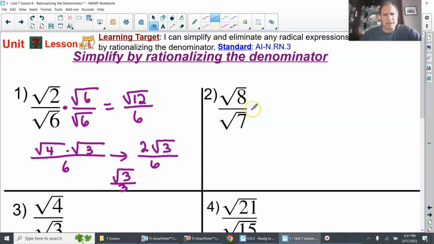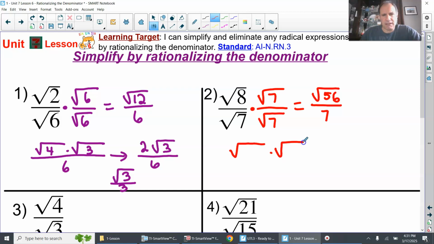Let's rationalize the denominator again by multiplying by 1, which is the square root of 7 over the square root of 7. And 8 times 7 is the square root of 56. And now all that is over 7. So in 56, we have one perfect square and a non-perfect square over 7.